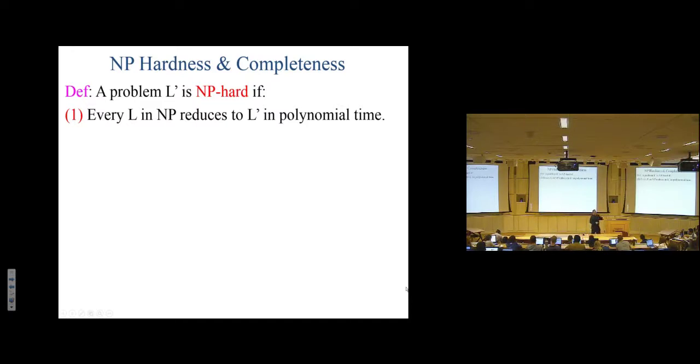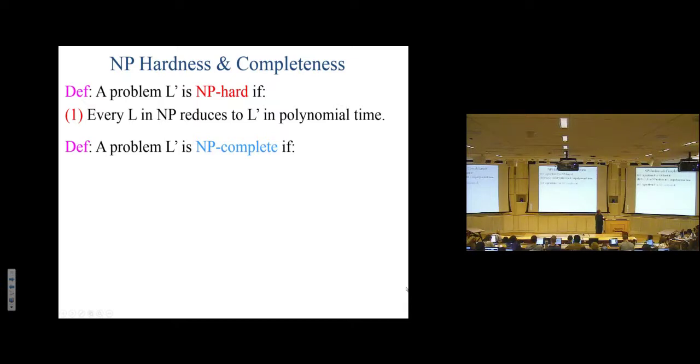Keep a tight lock on the types of the objects, never mind the exact values. So if every problem in NP reduces to this problem in question, L prime, in polynomial time, by definition, that problem is NP-hard. It means it's as hard as anything in NP, because if you can solve it efficiently, all of NP can be solved efficiently. Why?